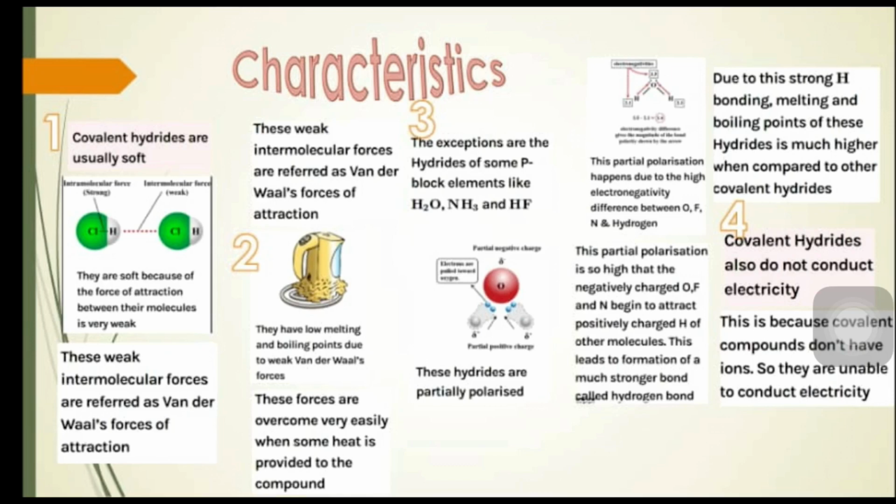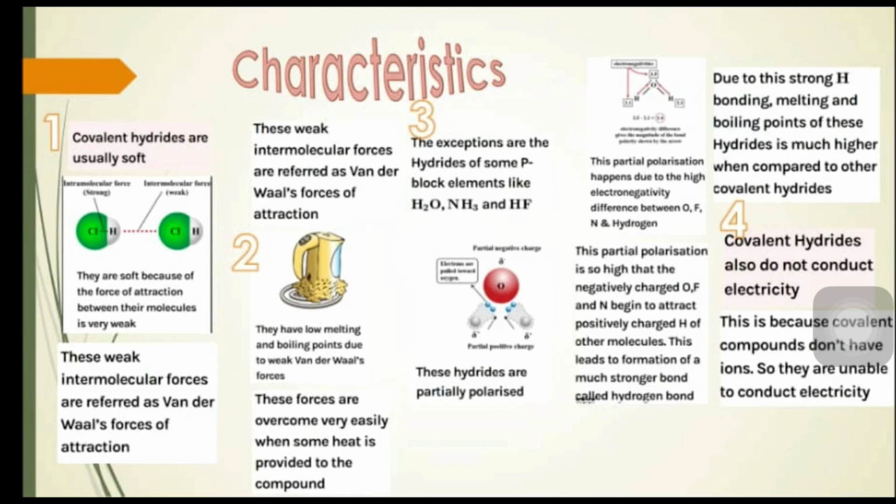The exceptions are the hydrides of some p block elements like H2O, NH3, and HF. This is because these hydrides are partially polarized. This partial polarization happens due to the high electronegativity difference between oxygen, fluorine, nitrogen, and hydrogen. It is so high that the negatively charged oxygen, fluorine, and nitrogen begin to attract positively charged hydrogen of other molecules.